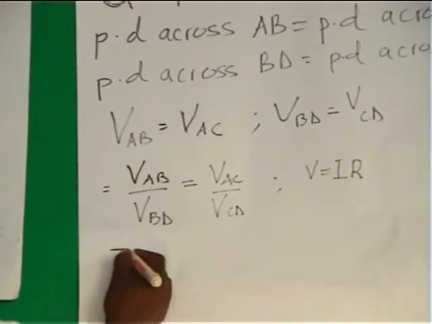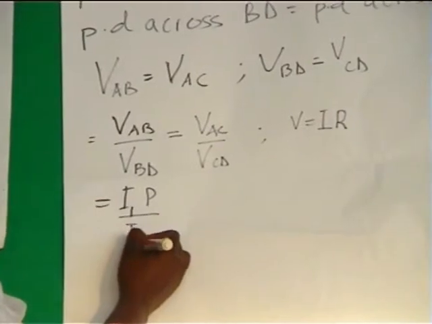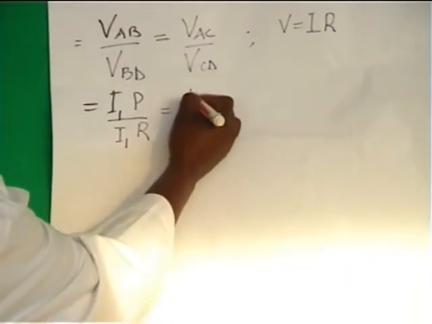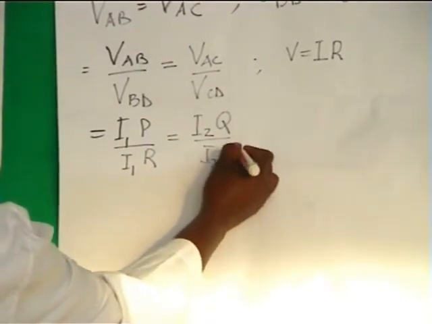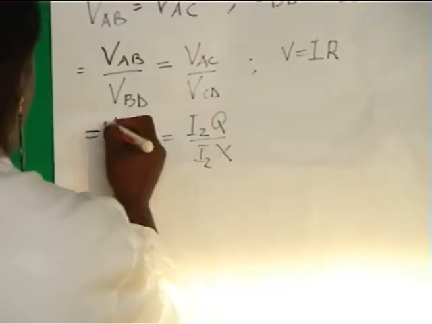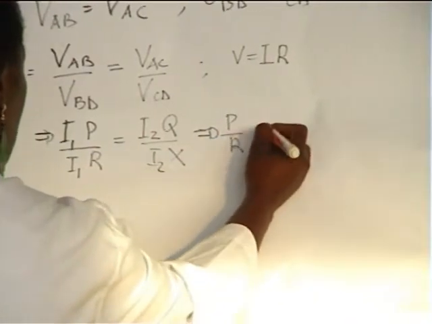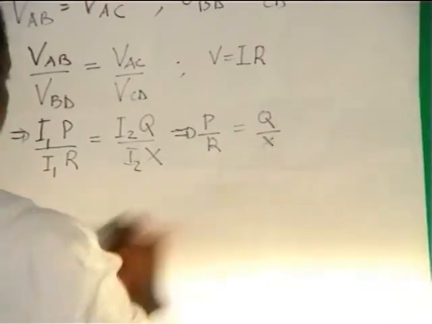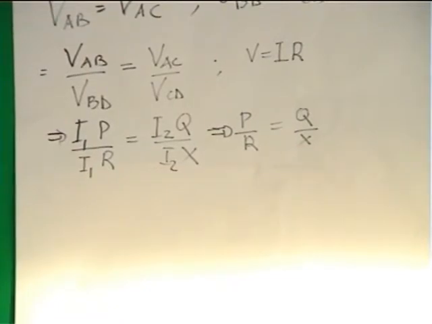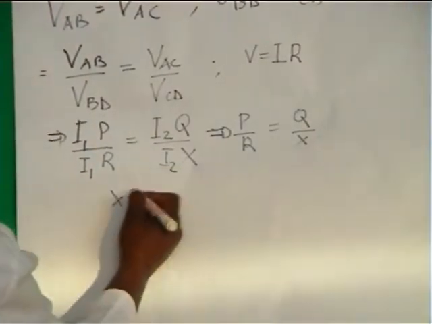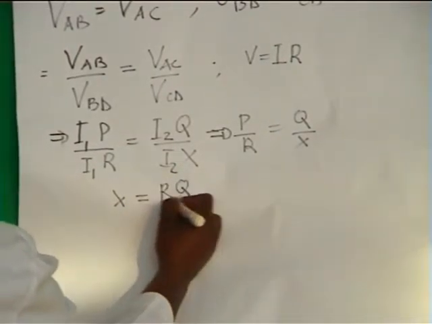This will be equal to I1 P over I1 R, which is equal to I2 Q over I2 X. When you simplify this, the answer will be equal to P over R, which is equal to Q over X. Now from there, make X the subject because we are required to find the value of unknown resistor X. This will be X is equal to R Q over P.